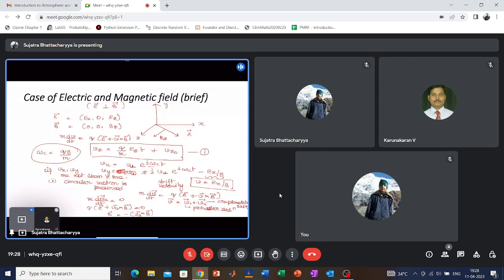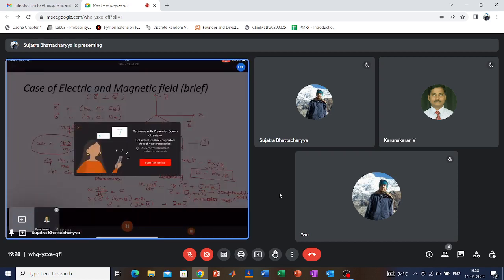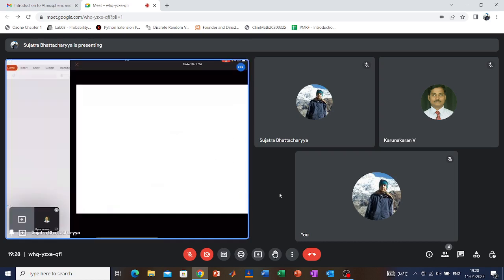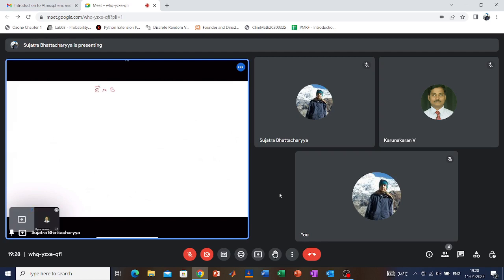And if I just write E cross B, just a minute. E cross B can be therefore written as minus v2 cross B cross B. And this is a vector identity.